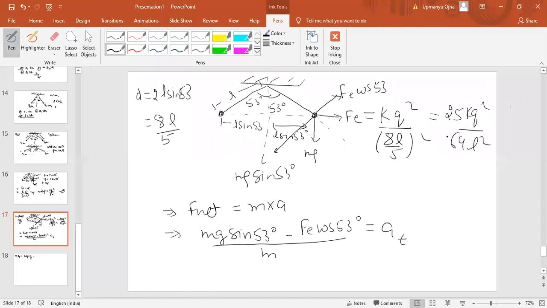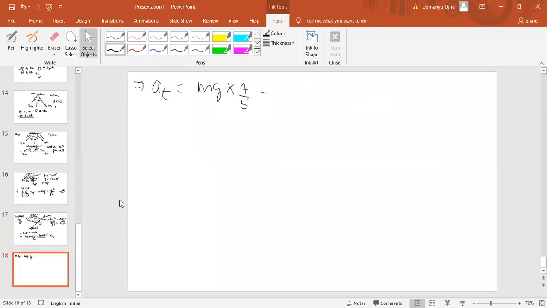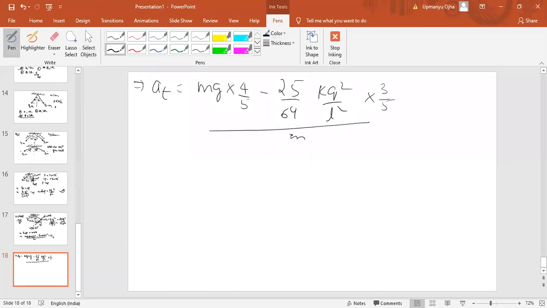That is the electrostatic force acting at that particular point. So net force is mg sine 53 minus Fe. Fe value we are getting here as 25 by 64 k q square by L square into cos 53. Cos 53 is 3 by 5, divided by mass m.